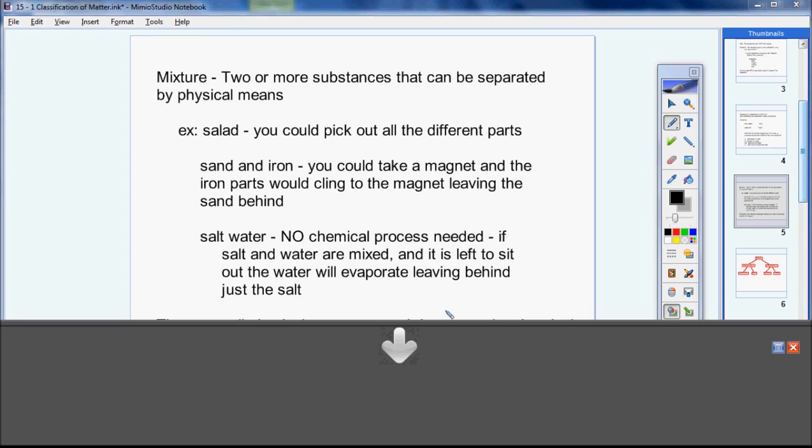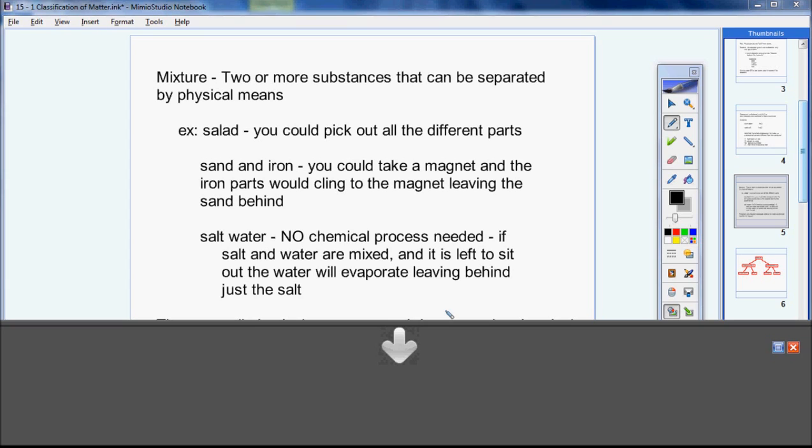So there's not any chemical process happening. No chemical process needed. All you have to do is set it out on your table, and the water evaporates, it changes phase. The water's still there, it's water vapor. But once the water is gone, the salt's left behind.